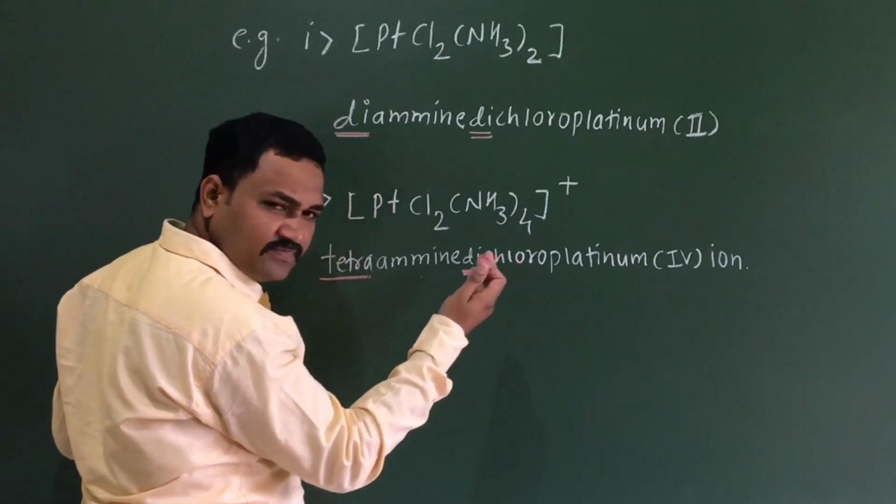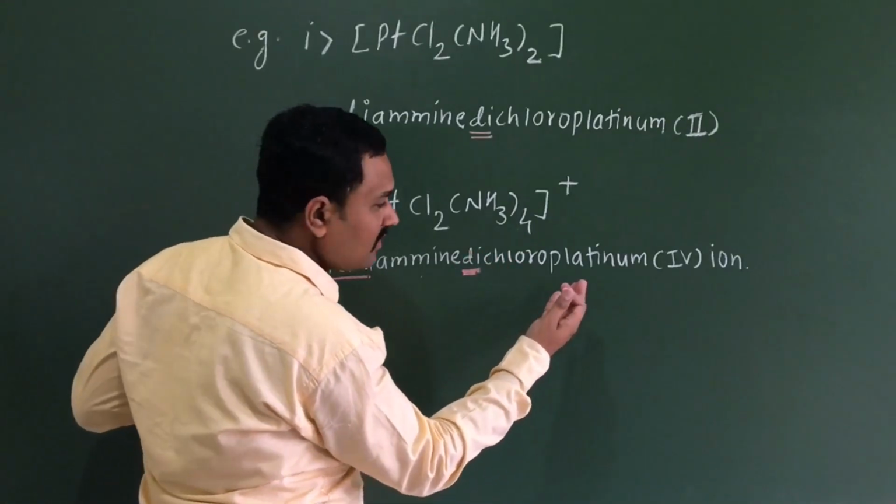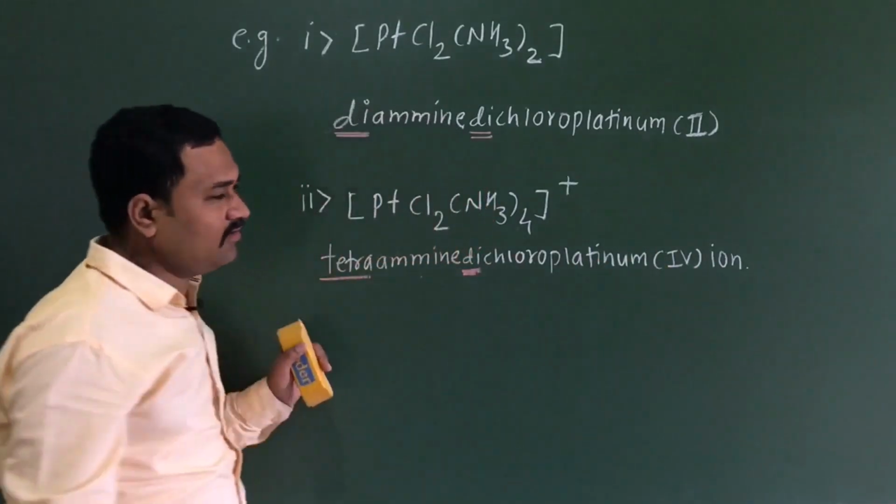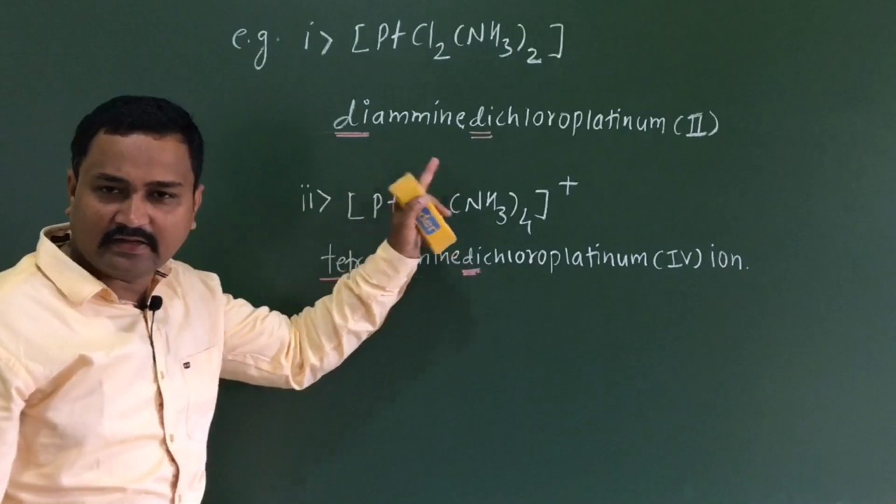So if you use the chloro name, it will also be acceptable. Then platinum oxidation state 4 and the ion as it is in the anionic form.